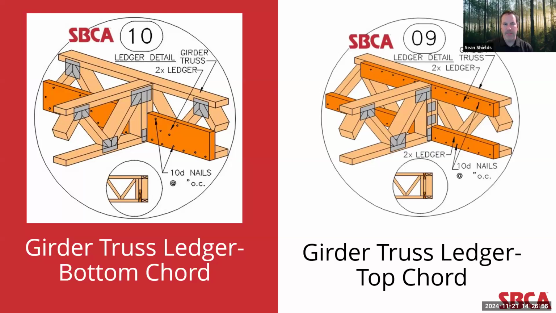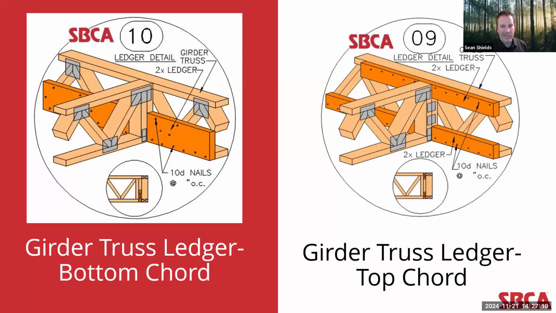So here we see both of them side by side, both the bottom chord bearing and the top chord bearing trusses. You can see again how the ledger size changes significantly. One additional thing I want to point out is that with either of these details, the designer is relying on 10D nail patterns to transfer the load from the individual trusses to the girder truss.